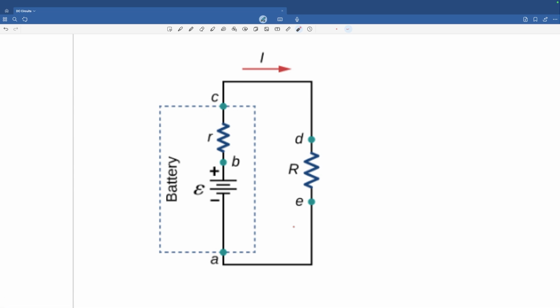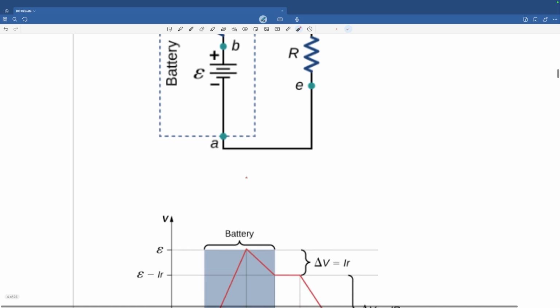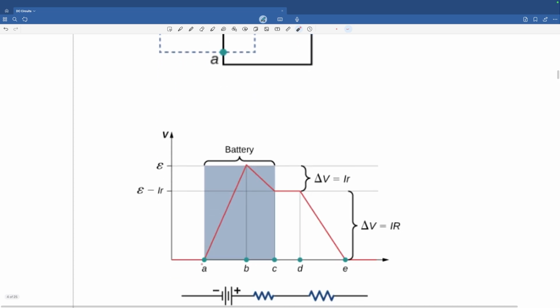Now, another thing that we can understand from this diagram is if you take a walk, if you move from A to E, this is important. When you move from A, you're moving from a lower potential, because it's a negative, to a higher potential. So the voltage is increasing. Now that's what is shown in the graph here. As you go from A to B, the voltage is increasing. You can see that.